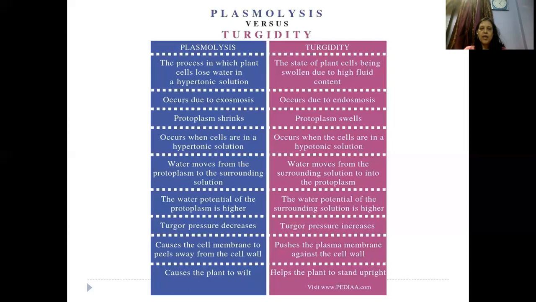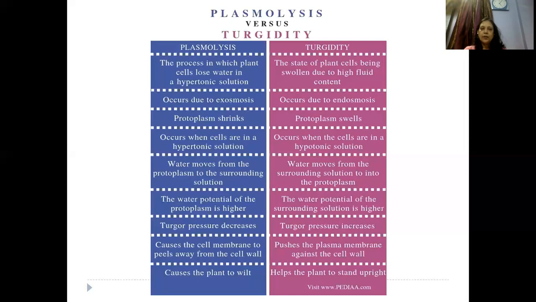Okay, so what happens in the turgidity? The water moves from the surrounding solution into the protoplasm in case of turgidity. Now what happens in plasmolysis? The water potential of the protoplasm is higher, whereas in turgidity the water potential of the surrounding solution is higher.